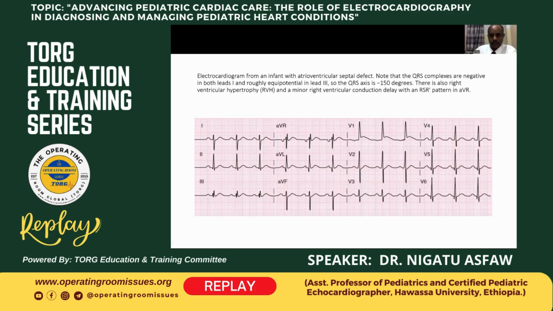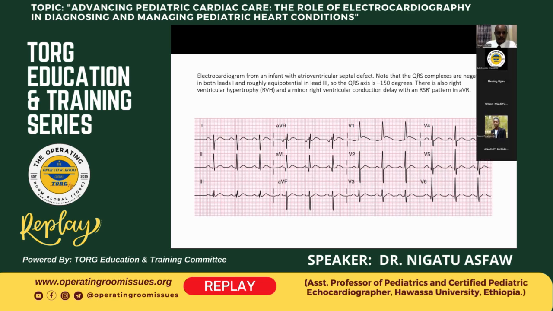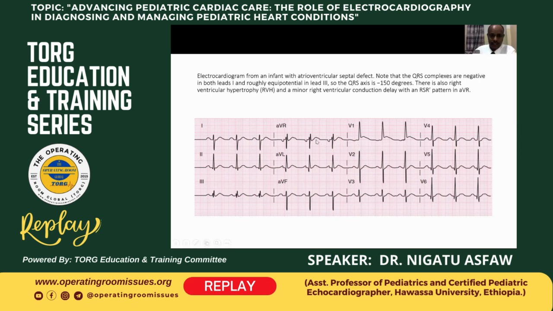And this is the ECG of an infant, and it shows an RSR prime pattern, which suggests right ventricular conduction delay or bundle branch block.